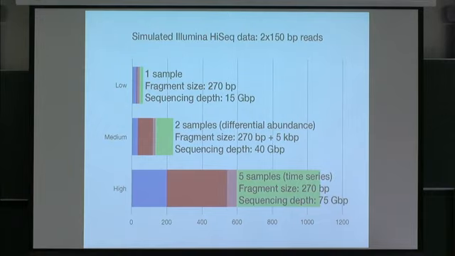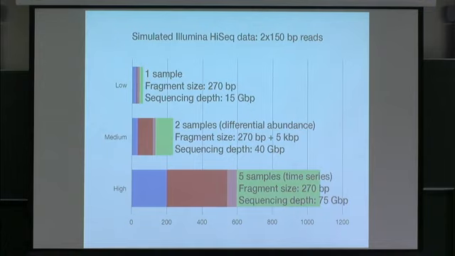For the low sample, we chose a fragment size of 270 bases, which is like the standard Illumina protocol, the cheapest one that most people do. We simulated paired-end data sets of 150 bases per read length, and simulated 15 gigabases.